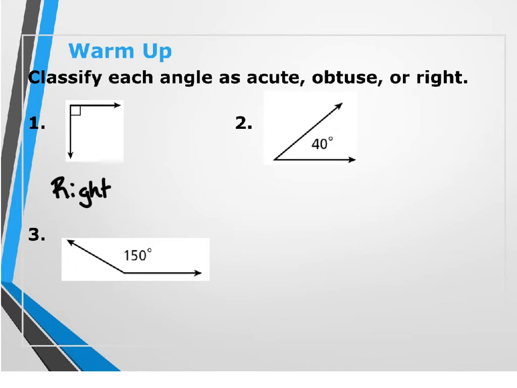Number 2 has a 40-degree angle, which is less than 90 degrees, so that is an acute angle. And this last one, number 3, has an angle measurement of 150, which is greater than 90, so this is an obtuse angle.